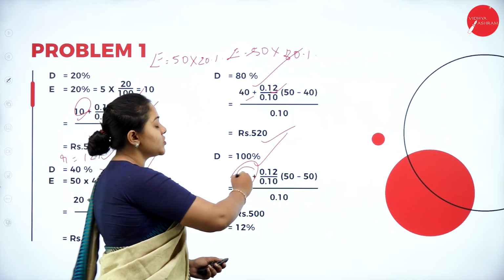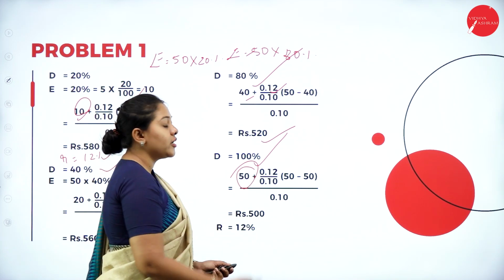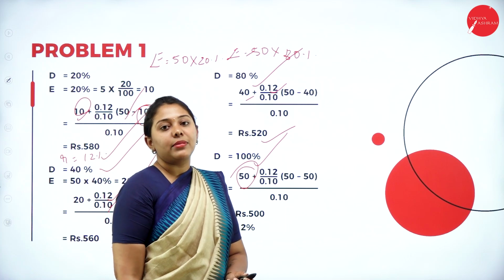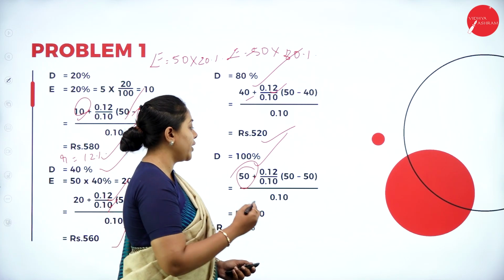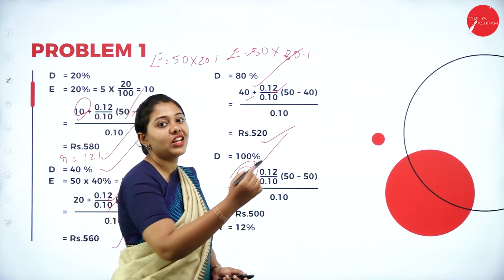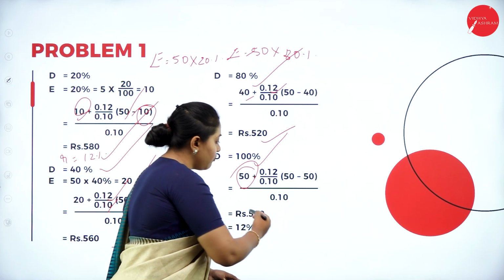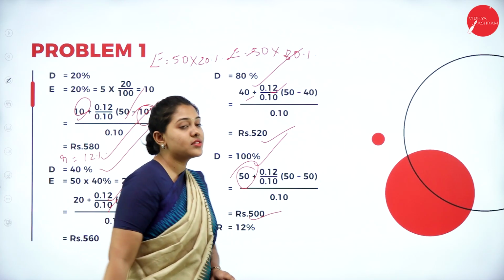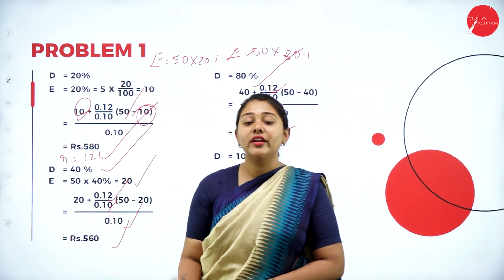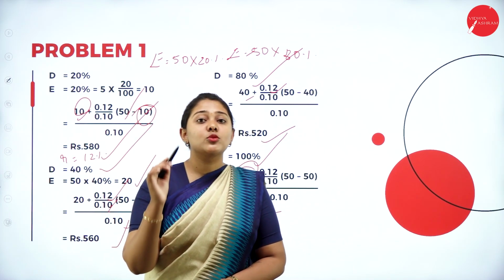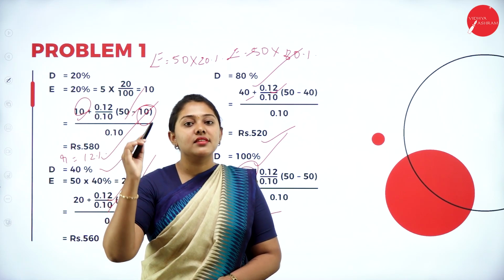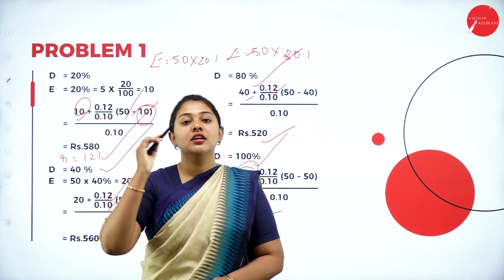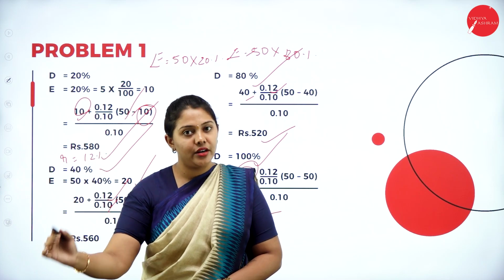The rate of return is 0.12 divided by the equity capitalization rate 0.10, 50 minus 50, earnings minus dividend, divided by 0.10. If you calculate, the answer you get is 500. So this is when the return is 12%, dividend is 0%, 20%, 40%, 80% and 100%.